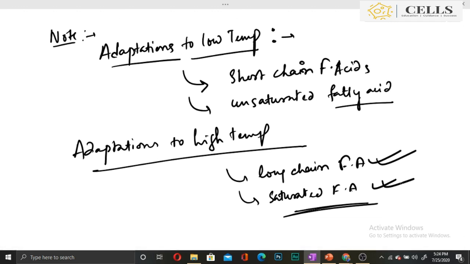Now let's come to the sterol portion. Sterols. There are many kinds of sterols. We'll not go into the detailed structure, that is not essential, but I'll mention a few names which are important.